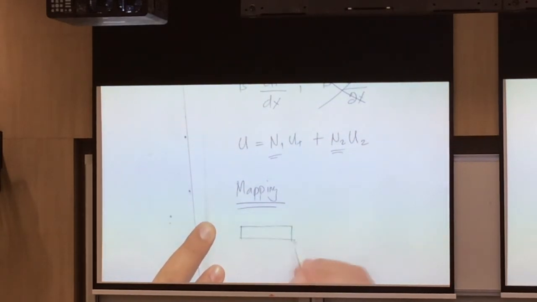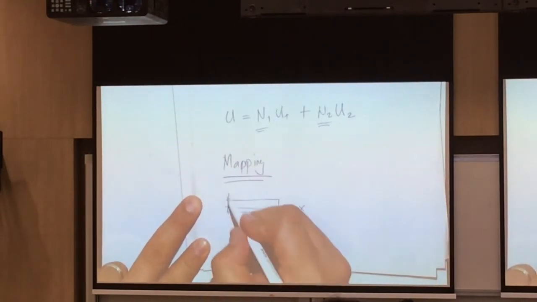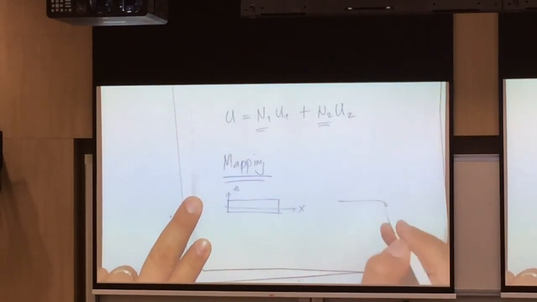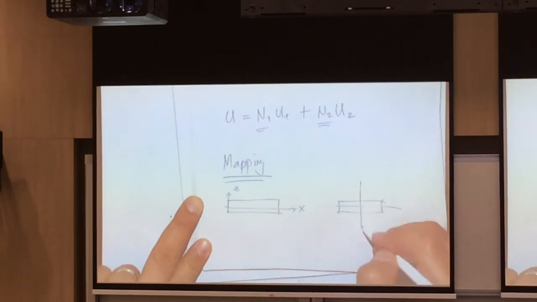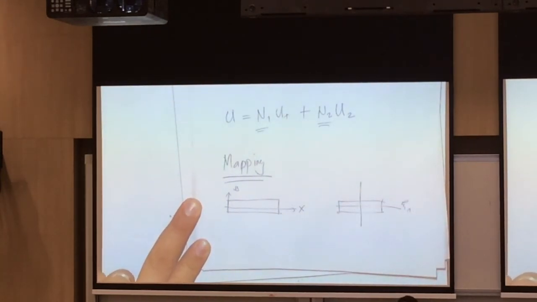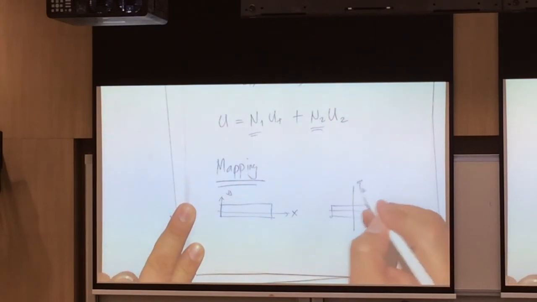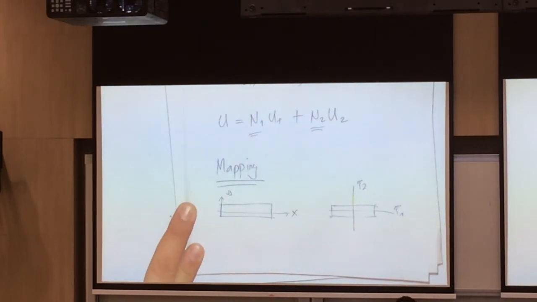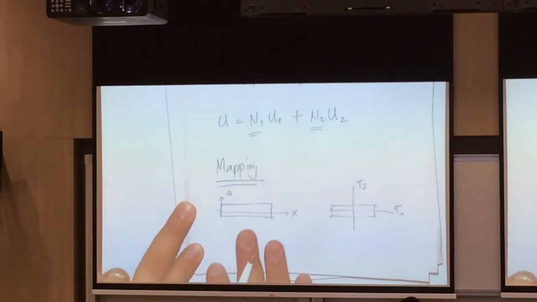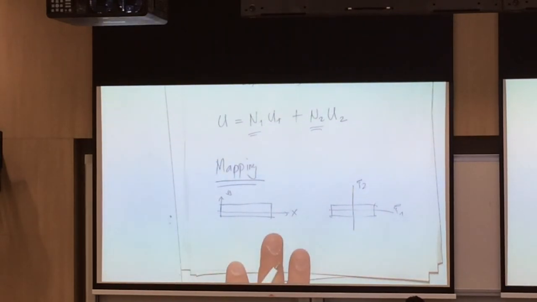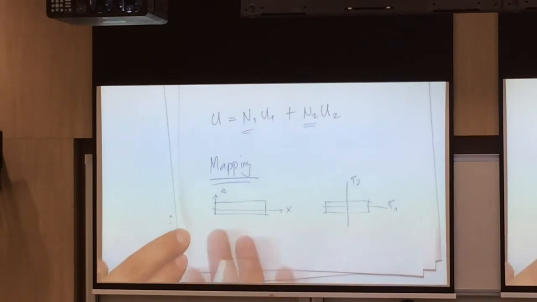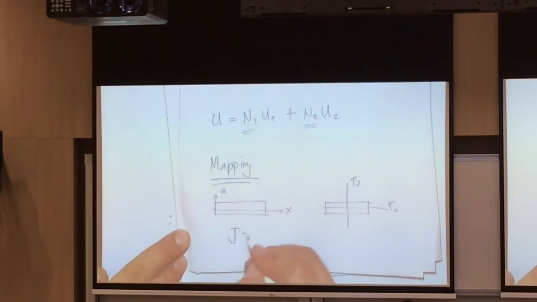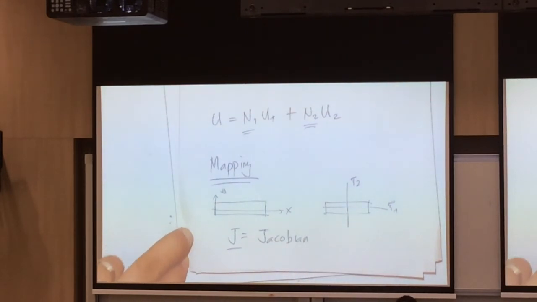So mapping is from, say, an x coordinate, or xy coordinate, to a so-called C coordinate, or C1, C2. So this is still simple. The bar we had is just simple. If you do this mapping, there will always be a presence of a Jacobian matrix, or Jacobian variable for a 1D problem.